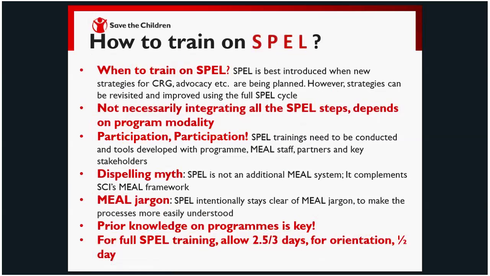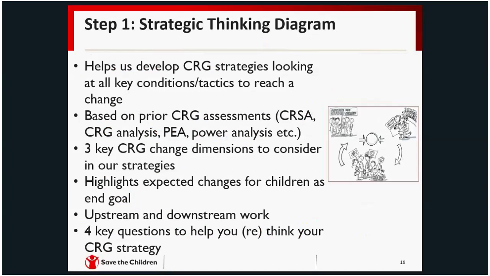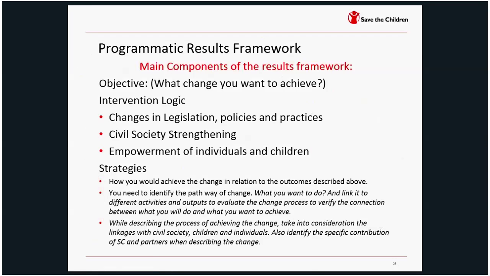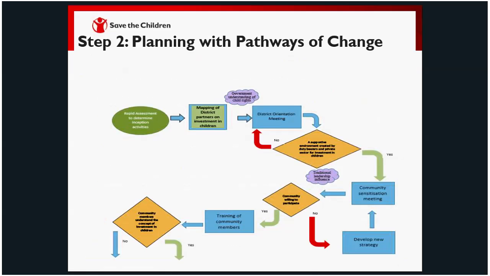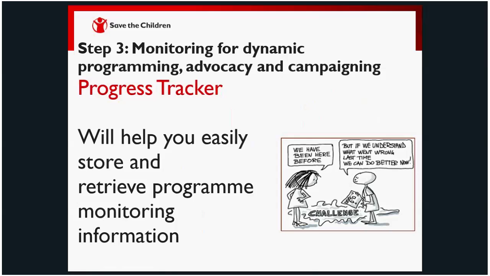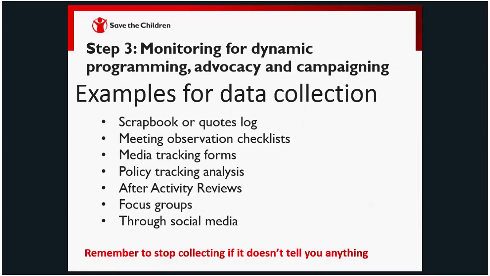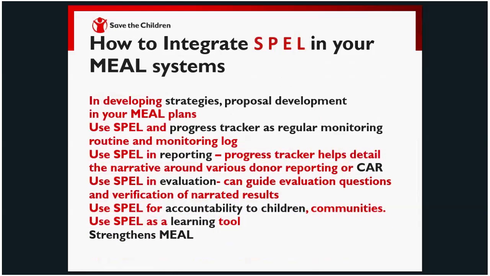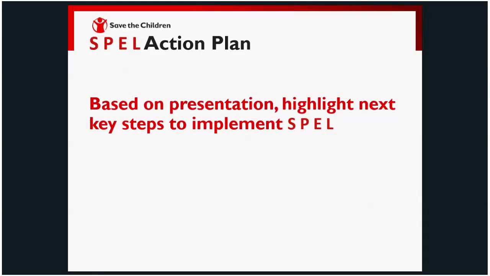So the final part of the SPEL training focuses on developing a SPEL action plan together with trained teams. They're often MEAL and program teams. So we reflect together on what needs to be done to implement SPEL and bring SPEL forward within the programs.